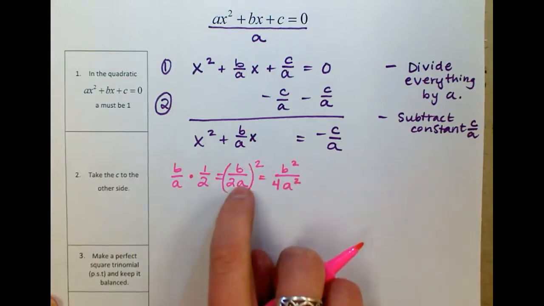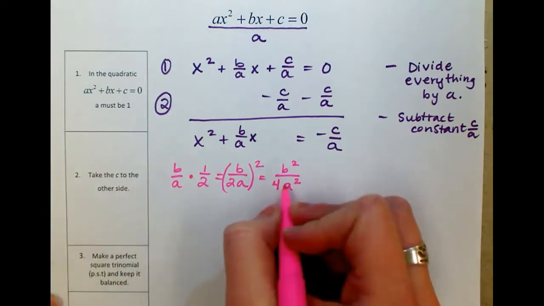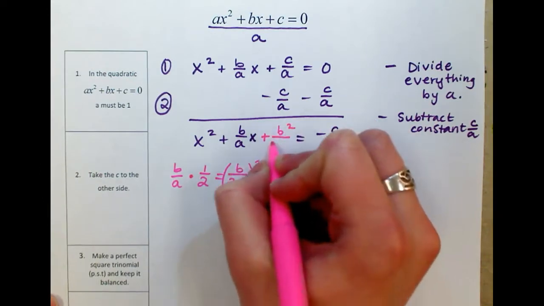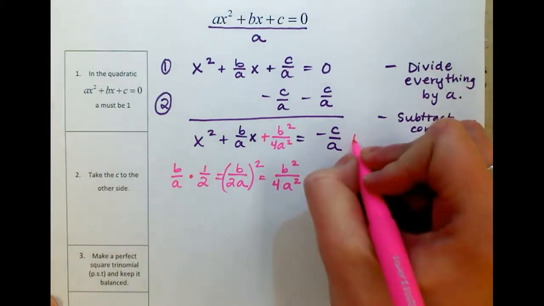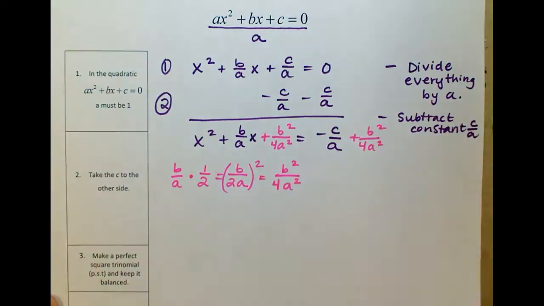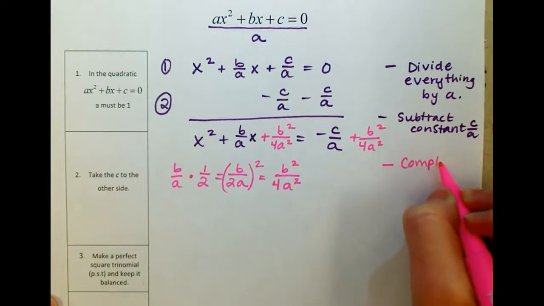I squared each part in that fraction. Now, when I complete the square, this is the number I'm adding, b squared over 4a squared. I've got to keep it balanced. So I'm also going to add b squared over 4a squared. So this step in pink, I completed the square.